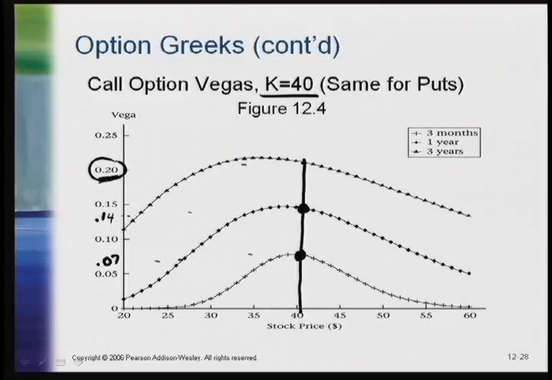Now, this means that if the volatility goes from 30% to 31%, a 1% increase in volatility, the price changes by 7 cents, 14 cents, or 20 cents.